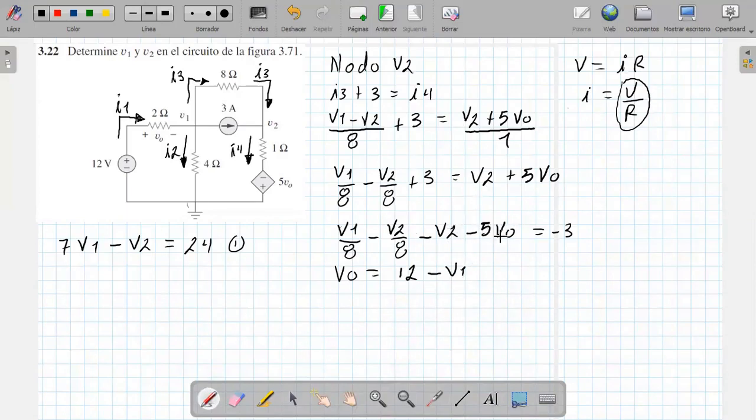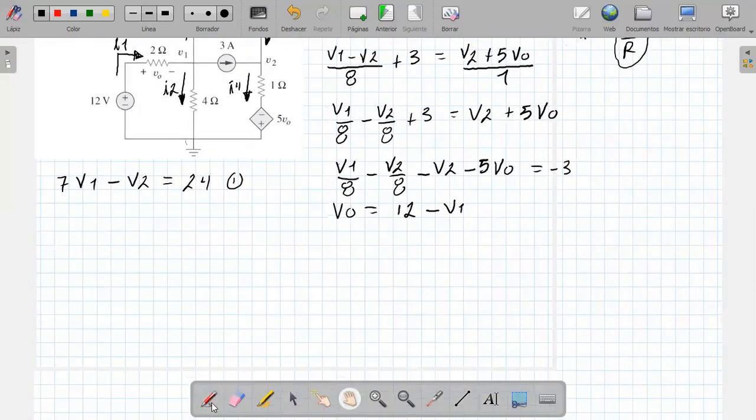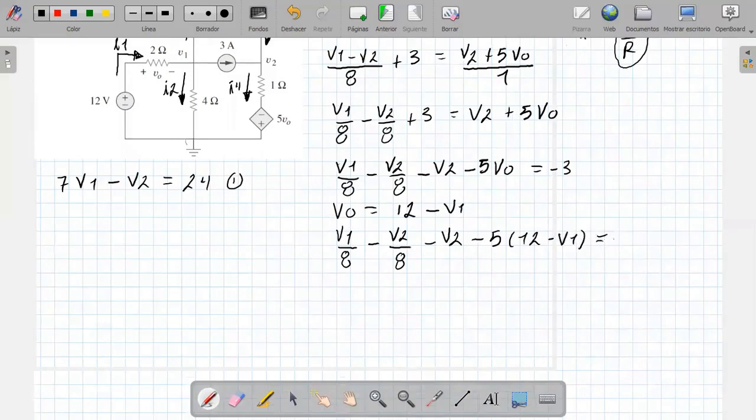Already having B sub 0, I simply replace it here. So I'm going to have B1 over 8 minus B2 over 8 minus B2, and I'm writing down this and this, minus 5 times B sub 0, which would be 12 minus B1, equals negative 3.